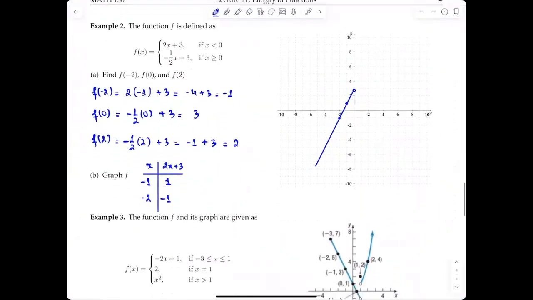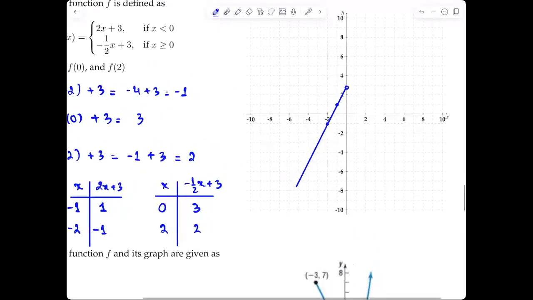All right, now I need the second table for the second function, when x is greater than or equal to 0. So here you have negative 1/2 x plus 3. X is equal to 0, y is equal to 3; x is equal to 2, y is equal to 2. So this line should have 3 here.